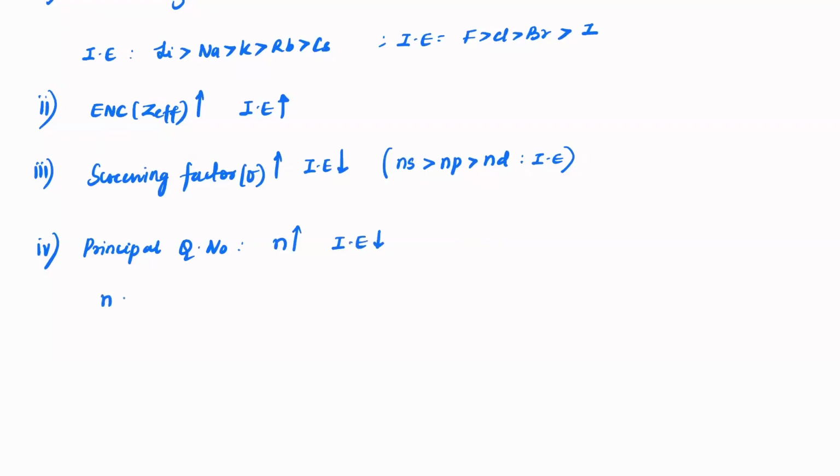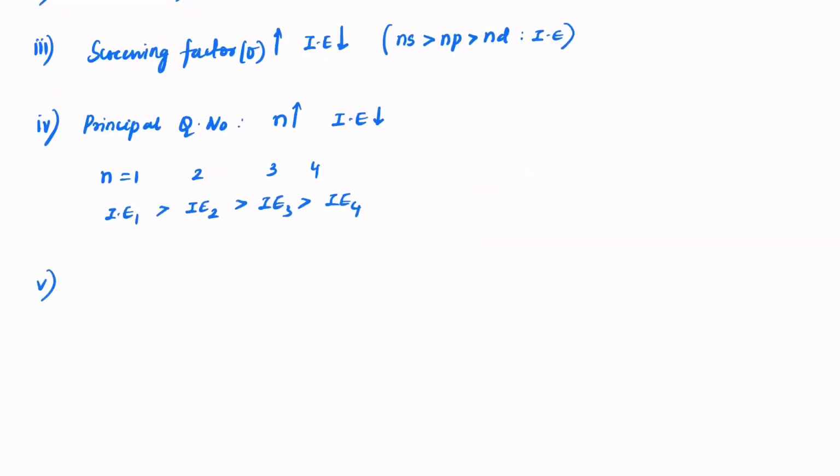So if you take n equal to 1, 2, 3, 4, then ionization for the first shell will be greater than for the second shell, greater than the third shell, greater than the fourth shell. The fifth factor is penetrating power.